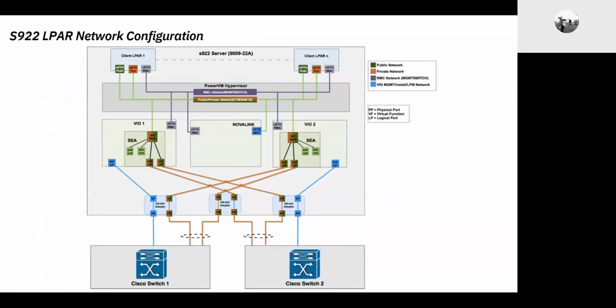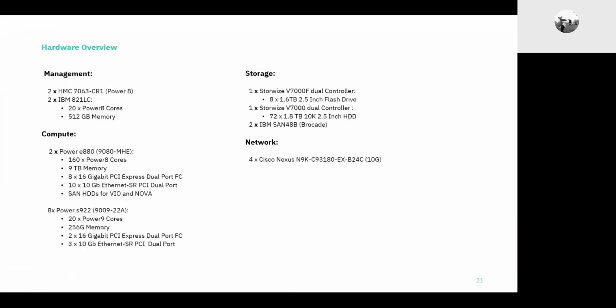So again, back to this chart right here, we have redundant VIOSs on every host, redundant shared Ethernet adapters, nothing new here. On the hardware side, one of the things to keep in mind is these are not very large data centers initially. If you look at our capacity here, we basically have 2 880s and 8 S922s.